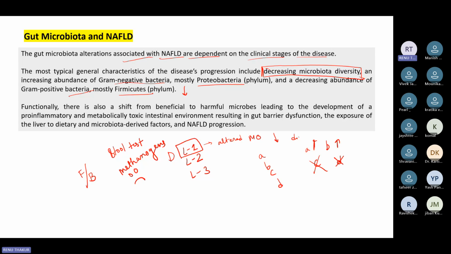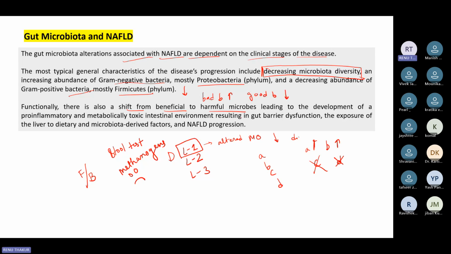So how do things start? The things start with decreasing diversity of the gut, and specifically gram negative bacteria increase and gram positive bacteria, specifically firmicutes, decrease. So there is a shift from beneficial to harmful microbes. What I used to say: bad bacteria will increase and good bacteria will decrease.